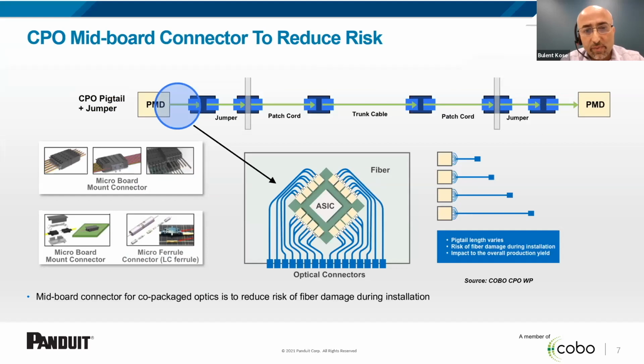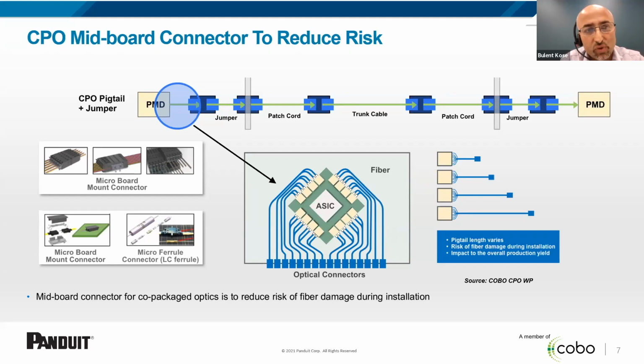If you look at this picture here, if you look at the connection for a CPO to the ASIC, you find out that we may have to have some different lengths of pigtails of fibers, and for installation that could cause some trouble. There may be some breaks of the fibers during the installation.